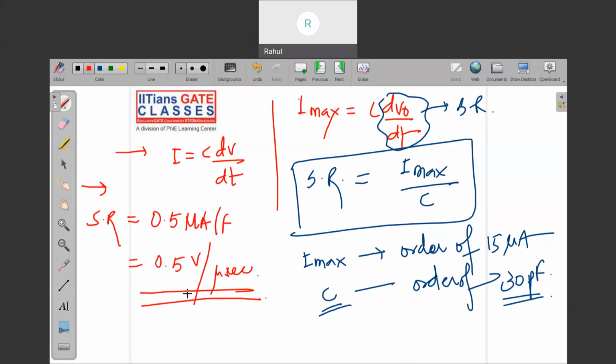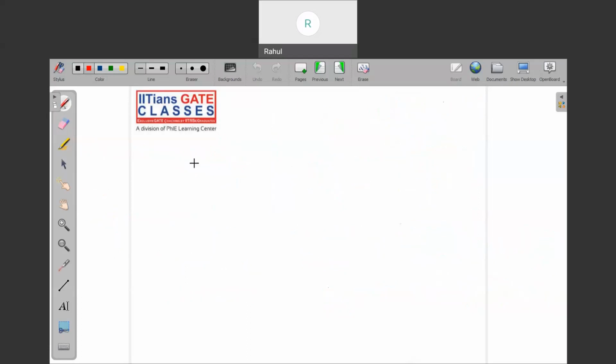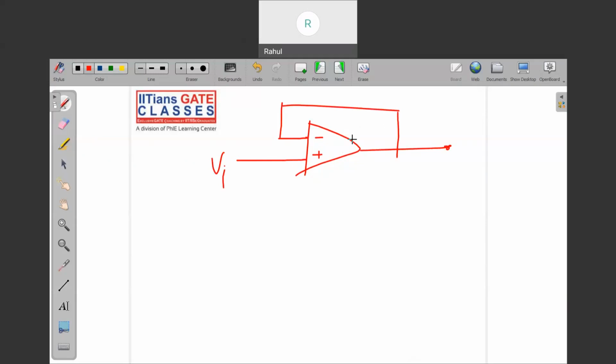Suppose the input is sinusoidal. Suppose any op-amp is given. This is just a buffer circuit I'm giving you. Like I said when I was talking about the buffer, we will discuss the frequency response of this op-amp as well. Now Vi is basically Vm sine omega t.